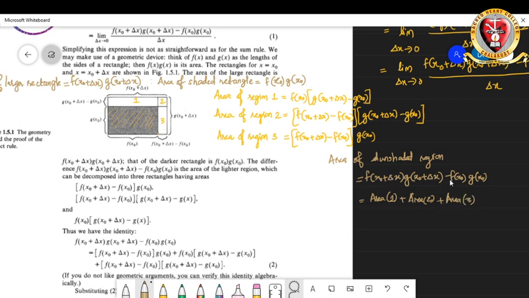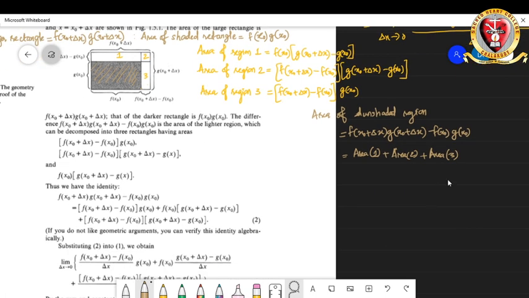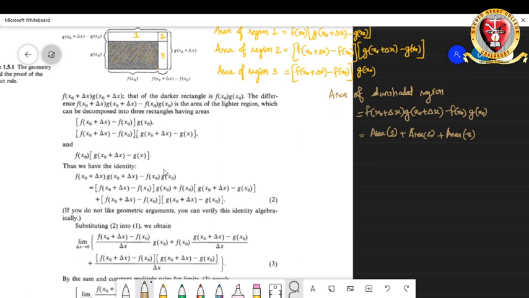So instead of the numerator, we can write it as the sum of the three terms, right? So here we have the numerator: f of x naught plus delta x into g of x naught plus delta x minus f of x naught into g of x naught is equal to the sum of the three areas which we had written here.